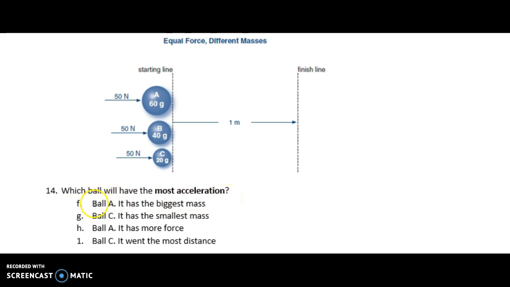F. Ball A. It has the biggest mass. Choice G. Ball C. It has the smallest mass. H. Ball A. It has more force. Choice J. Ball C. It went the most distance.